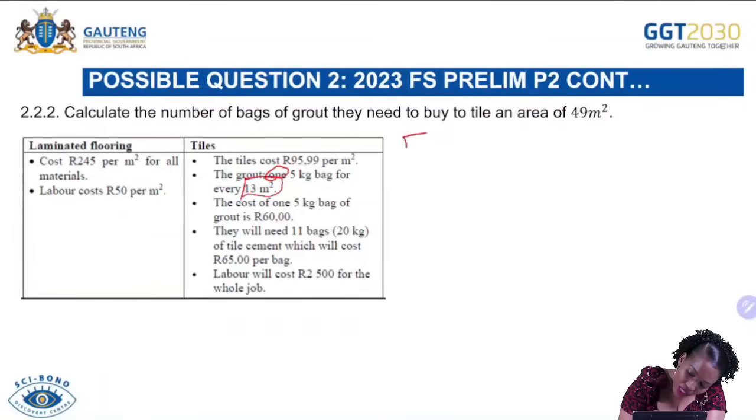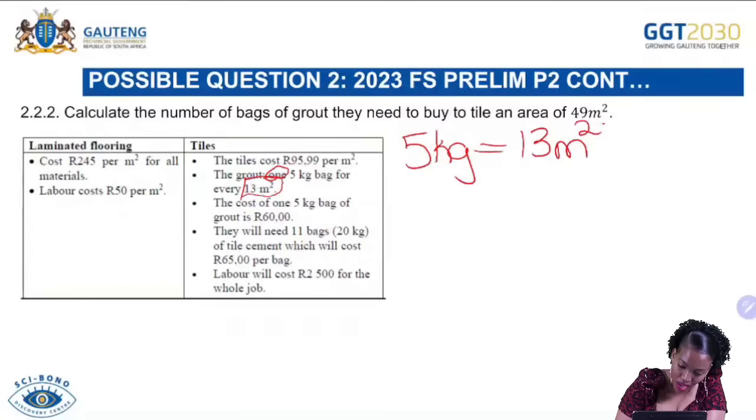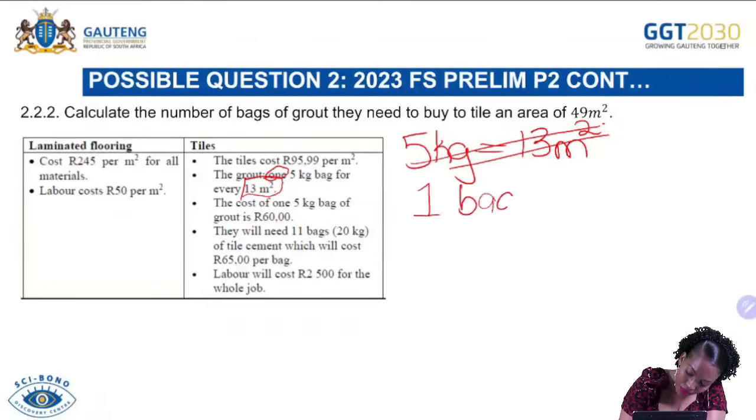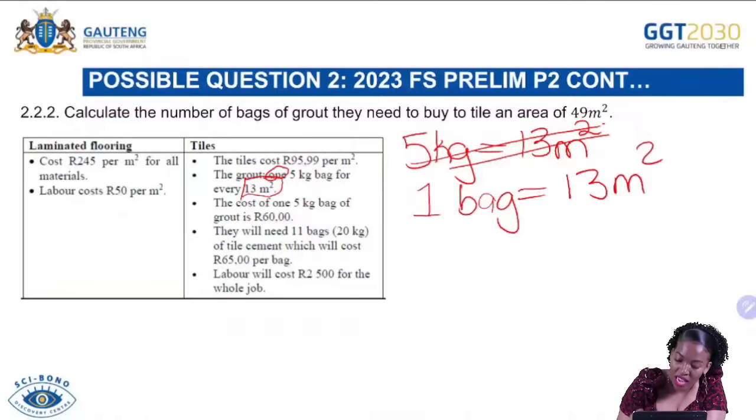So we will say that 5 kilogram, which is one bag, by the way, it can cover 13 meter squared. Actually, I think to make it easier, because I want the number of bags, let me say one bag can cover how many square meters? 13 meter squared.